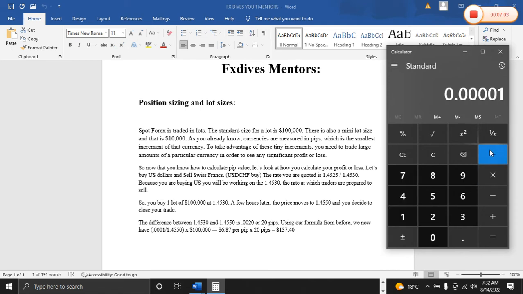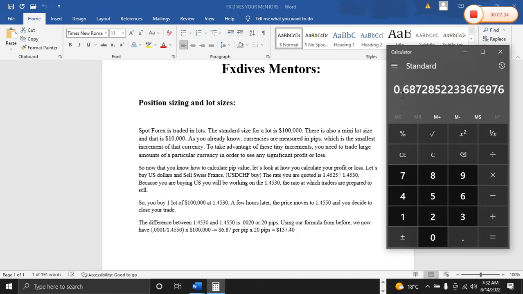We divide 0.0001 by this exchange rate of 1.4550, then multiply by the lot size we used, 100,000. So this equals approximately $6.